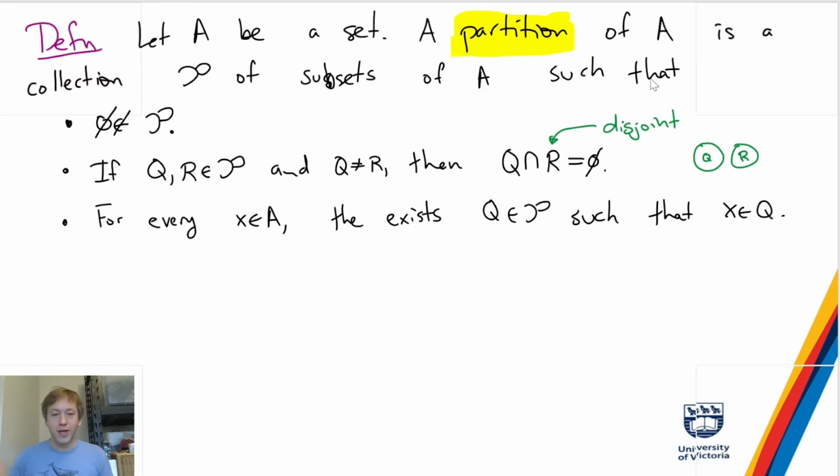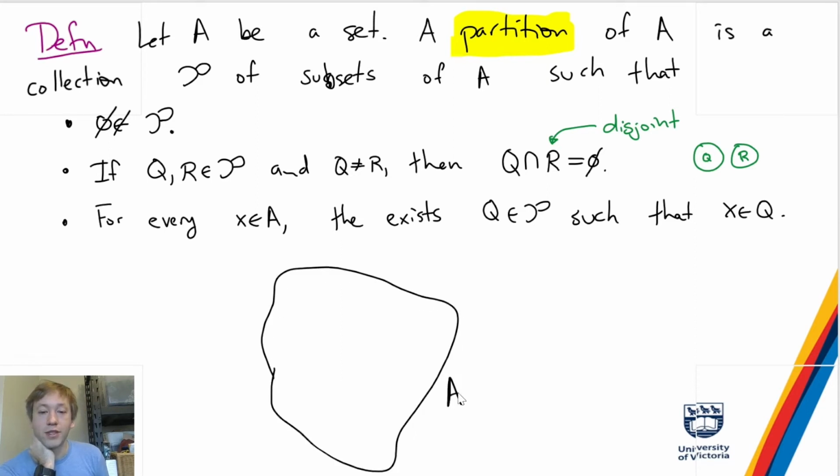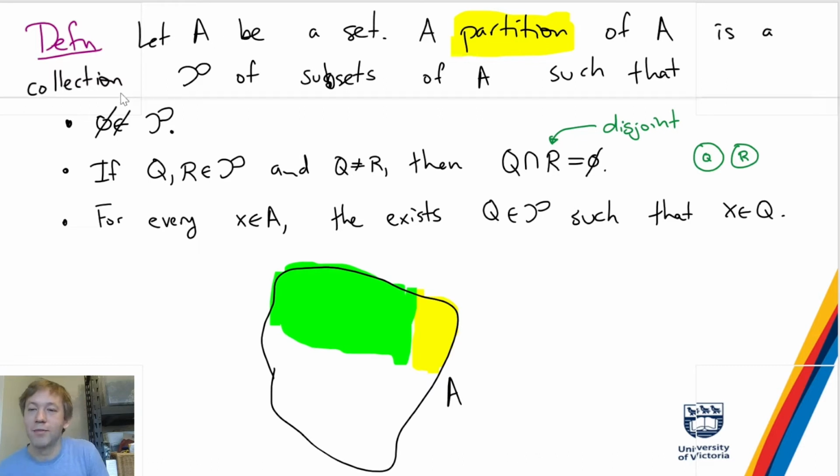Okay, so the way you should think about this is kind of like this. You've got some set A, and a partition just means that you're going to break up the elements of A into separate classes. So you've got one class, which is, let's say, the things in the yellow set. You've got the green set. I'm not sure if this picture is helping or not. But basically, you're breaking up the elements of A into classes. Then you've got the pink set, which might look like this. You've got the aqua set.